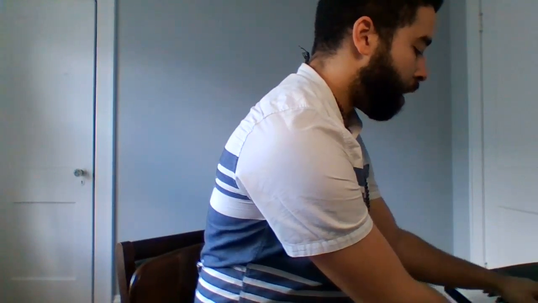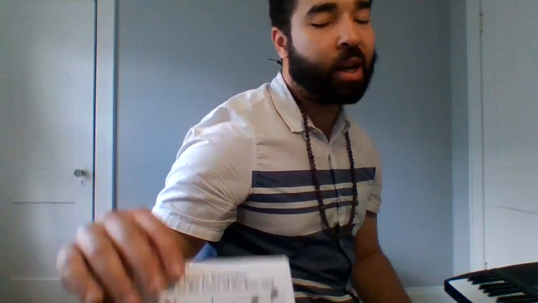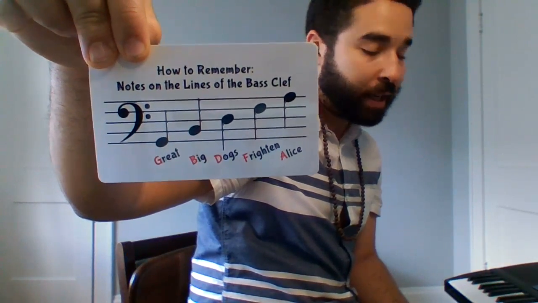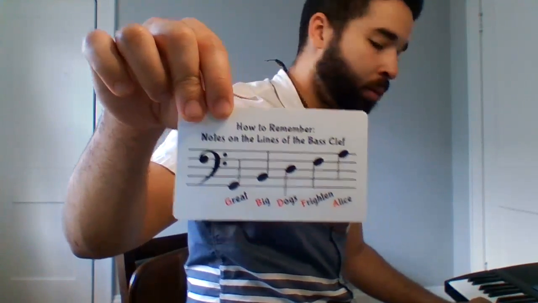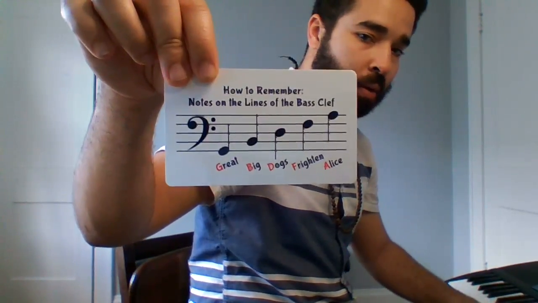Okay. On our piano, if we were to play A, C, E, G in the bass clef, it would sound like this. And if we were to play our lines G, B, D, F, A, great big dogs frighten Alice, it would sound like that.